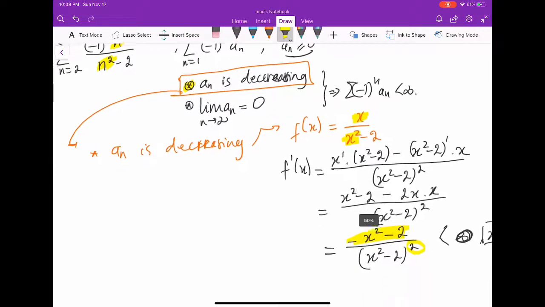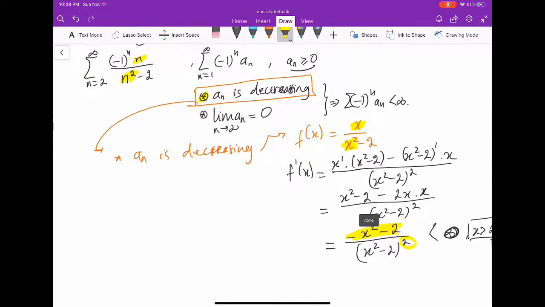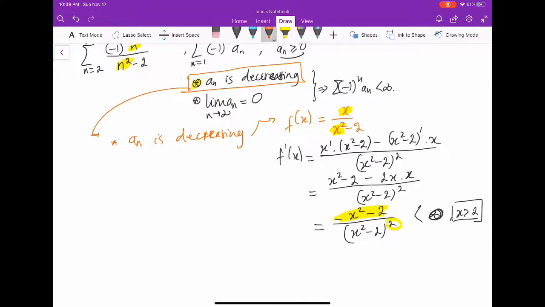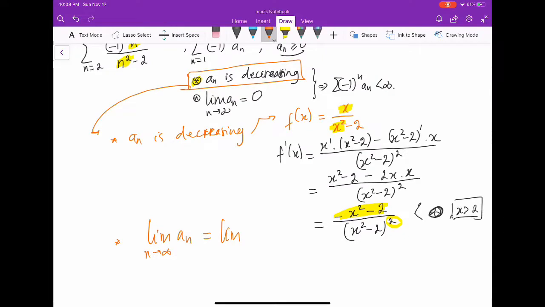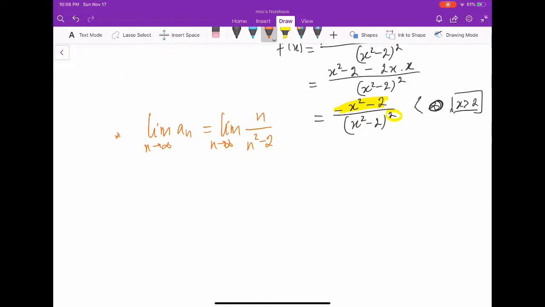Now let's check if the limit of this an is 0 or not. Let's check the second one: the limit of an as n approaches infinity. That is equal to the limit of n over n squared minus 2 when n approaches infinity. Of course, this limit is 0 because you can use similarity at infinity.